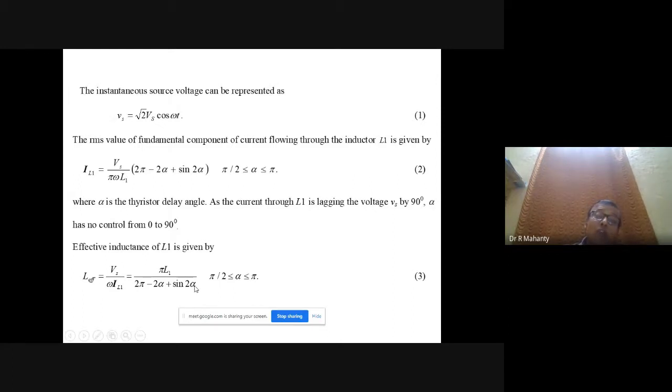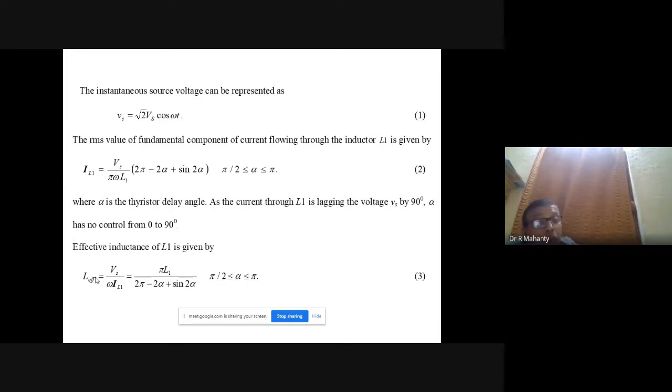Now, what value of alpha will you take here? Depending upon the value of inductance that you want, to nullify the additional value of capacitance which has been put in the circuit, and to avoid the leading power factor condition.